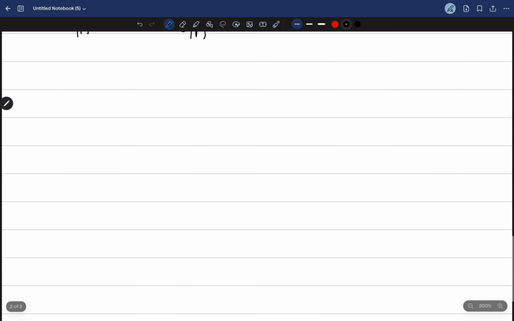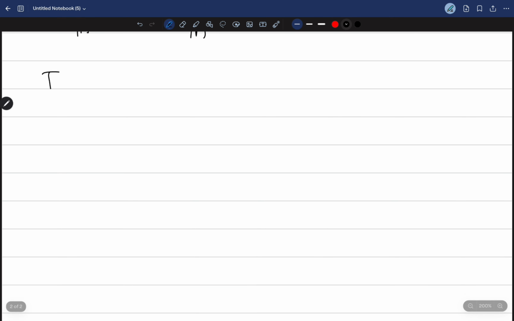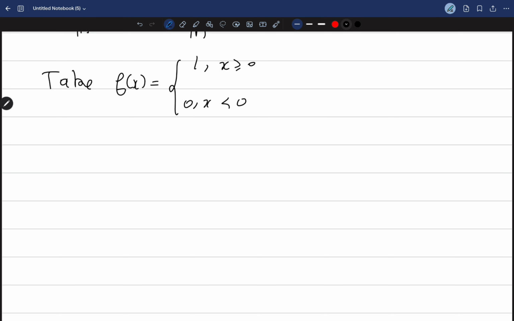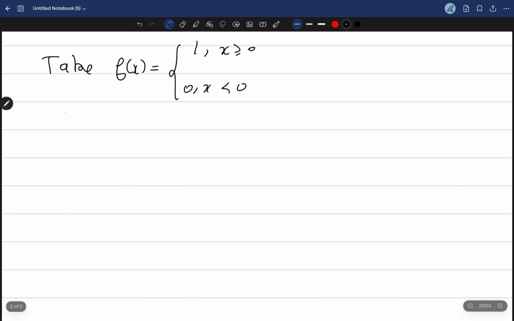Take f of x equal to 1 if x is positive and 0 if x is negative. Okay, so now take this f of x times phi of x dx.